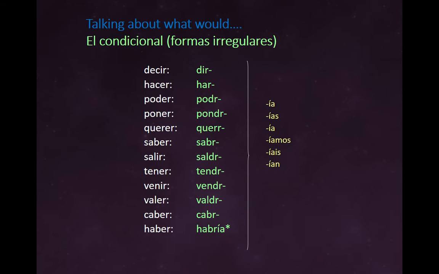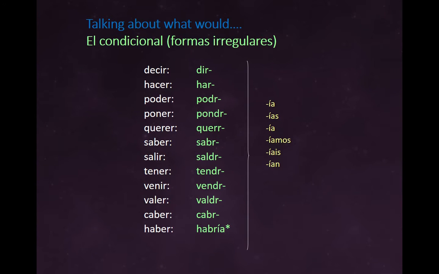Poder, to be able. Poner, to put. Pondría, I would put. The verb querer, see how the R doubles. Saber, to know. Salir, to go out, for example. How would we say we would go out? We would say saldríamos. S-A-L-D-R and then íamos, saldríamos.